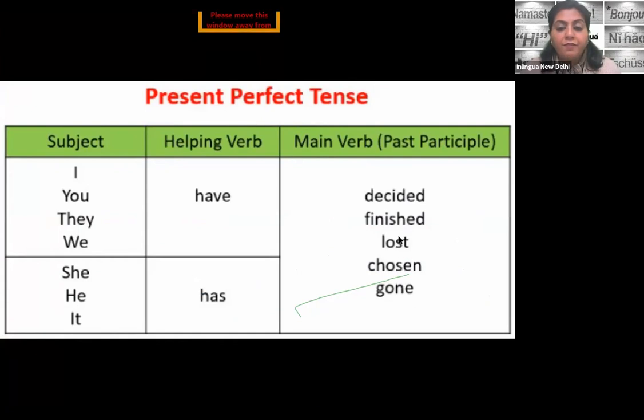You have finished school. We have lost the keys. She has gone to the market. He has chosen. Chosen means to select something. He has chosen a good language. He has chosen a good university. So with he or she or it, you always put has.